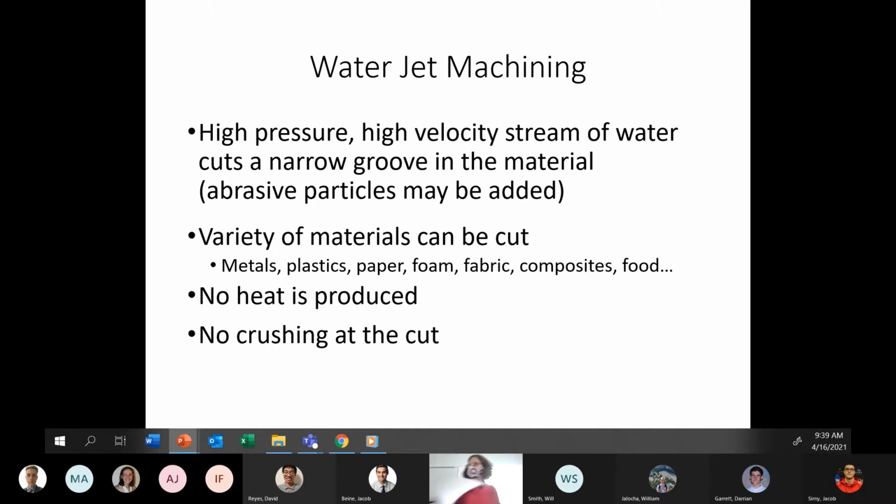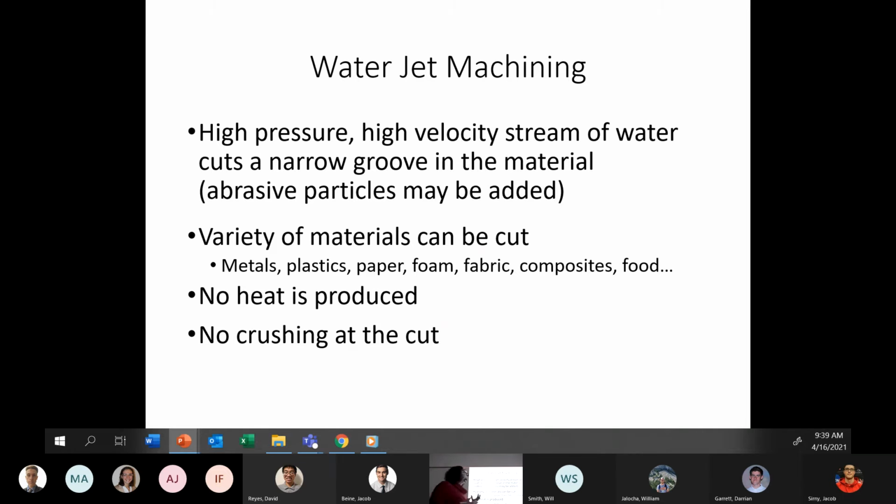So that's flame cutting. It is, again, really good for very roughing cuts. The video was comparing it against plasma arc cutting. That's not really one of the processes that we're going to be talking about, but it is another thermal process going on. I think the next process that I want to talk about is water jet.